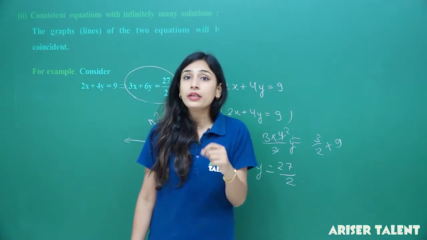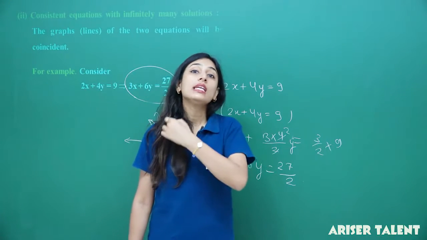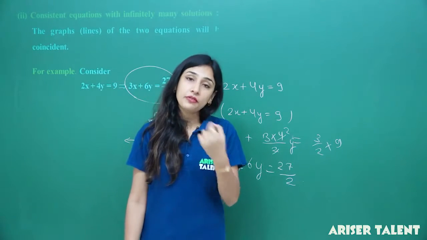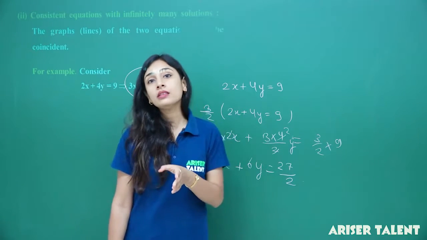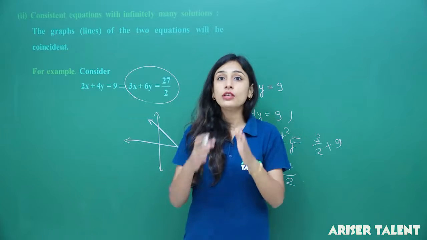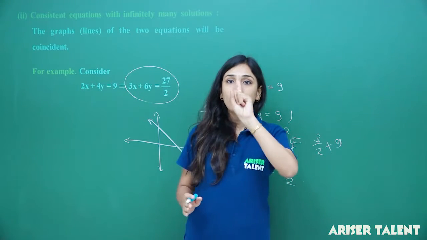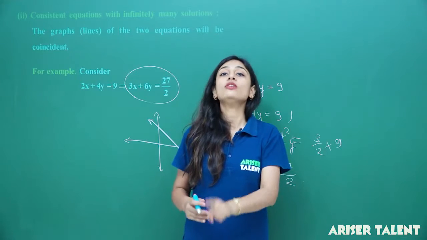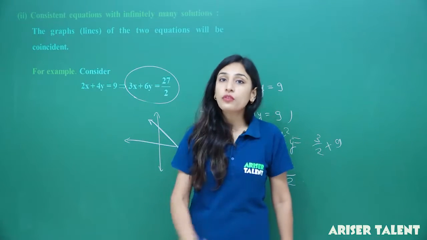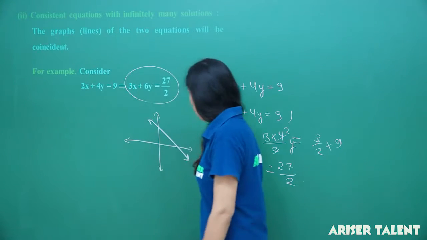Now, how many points does a line have? Infinite. So we have infinite solutions. So if we have a consistent solution, there are two cases involved. In the first case, you have only one unique solution. In the second case, you have infinite or many solutions. Right, students?